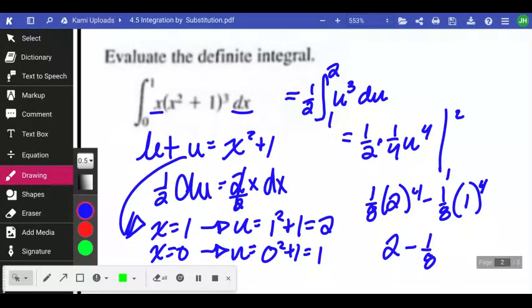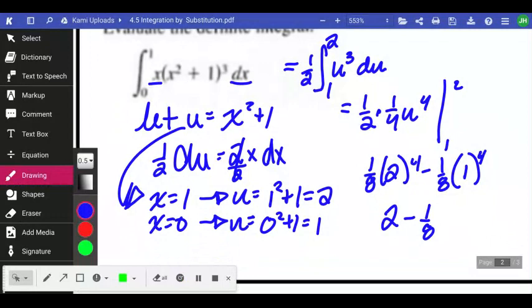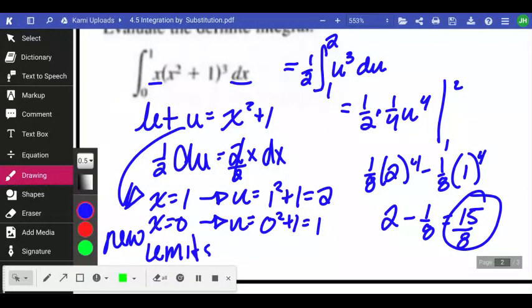So then we have 16/8 minus 1/8, so we have 15/8. So the biggest difference: one, you have to find your new limits of integration. Two, you don't have to put x back in for u.